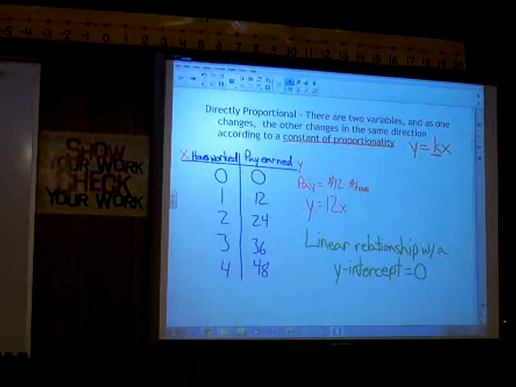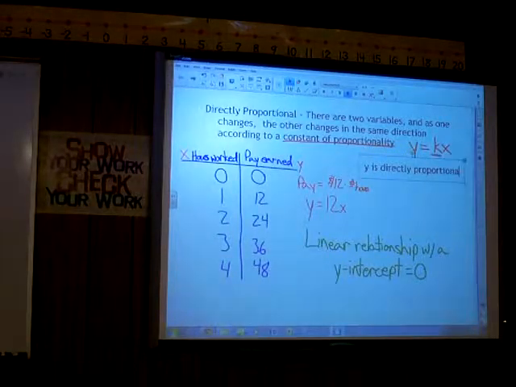Now, I said that we can also call this a variation. So there's two ways that we could say this, and you should be familiar with both of these. We could say that y is directly proportional to x, or we could use this terminology, y varies directly as x.